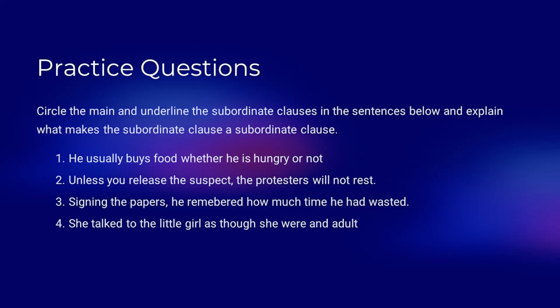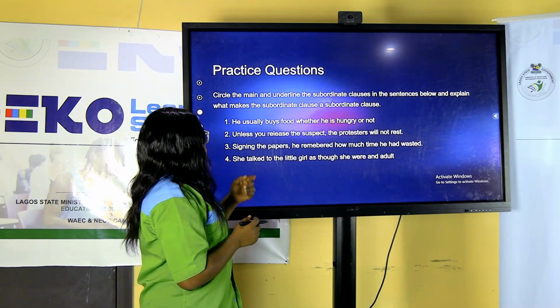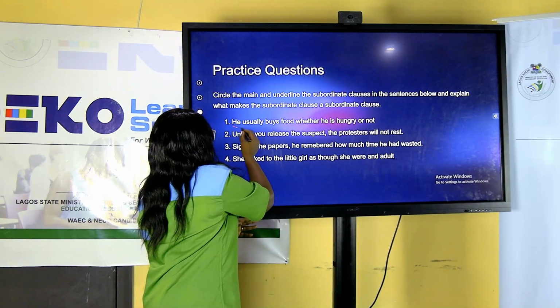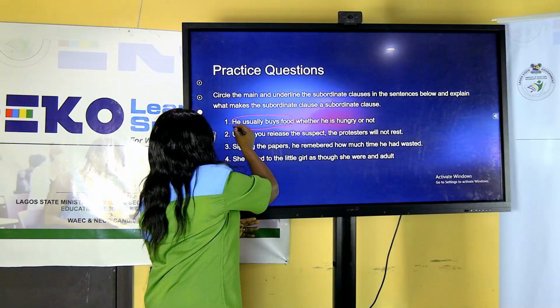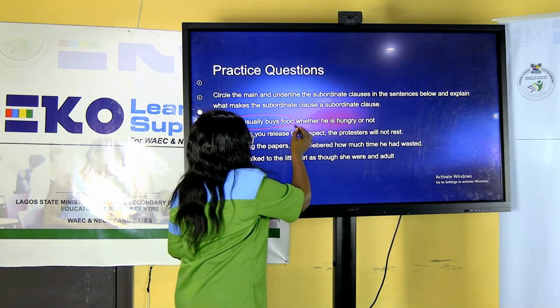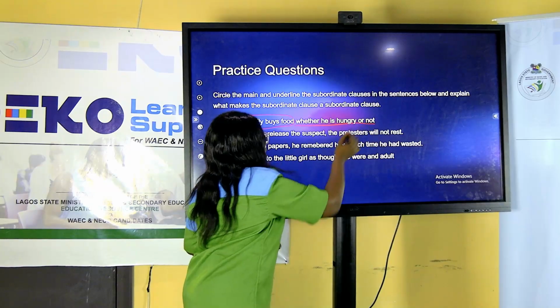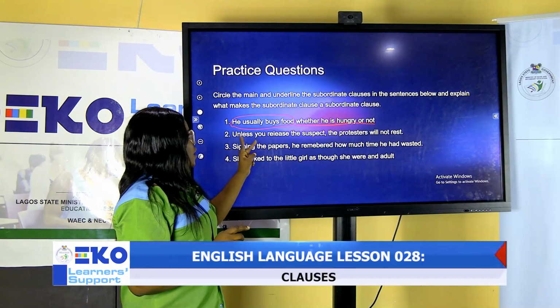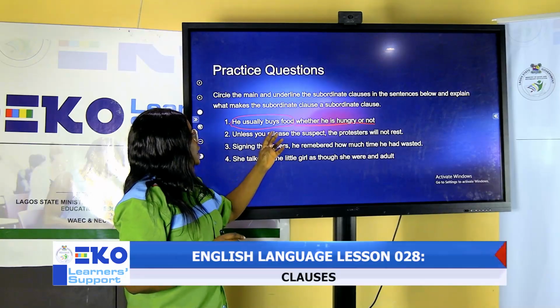He usually buys food whether he is hungry or not. Where's our main clause? Instruction says circle the main clause. He usually buys food. Underline the subordinate clause, okay? Whether he is hungry or not. One more thing, the instruction says, why is it what?